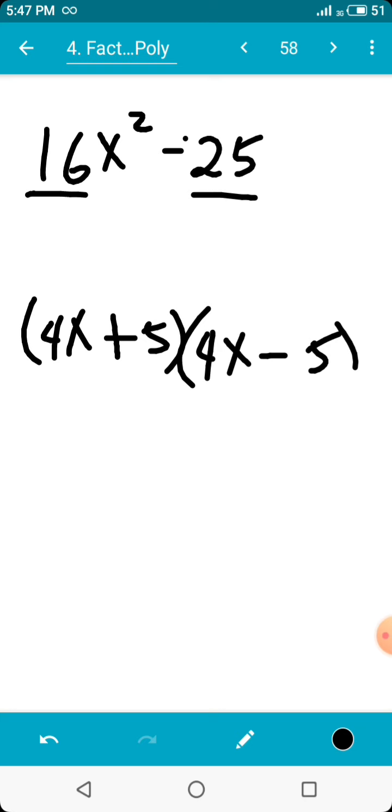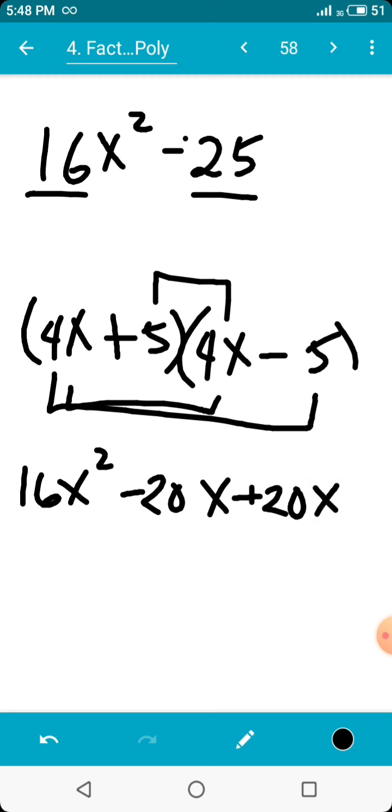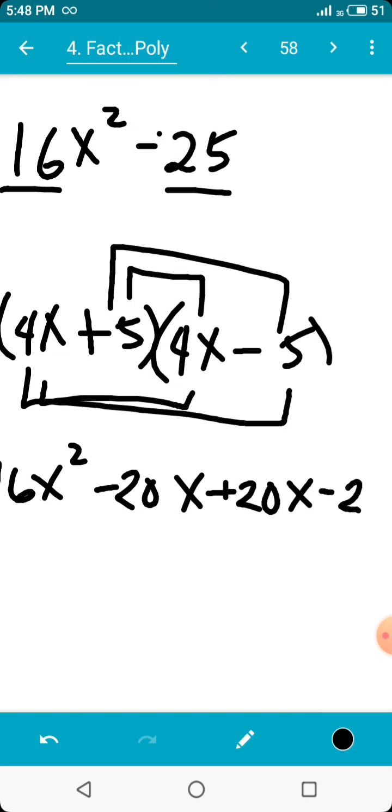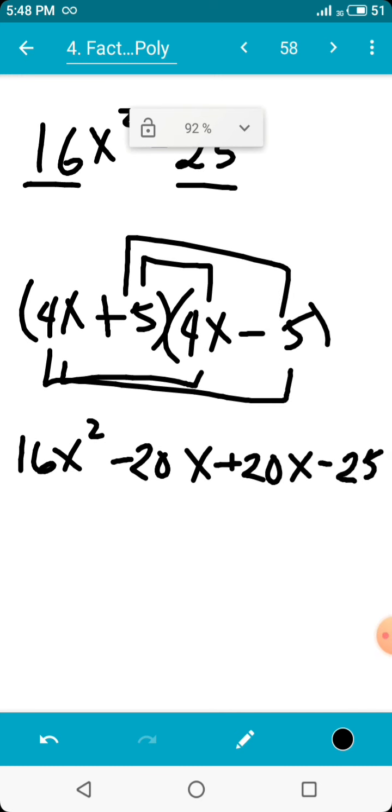So, check natin gamit ang FOIL method kung tama tayo. So, 4x times 4x, that is 16x squared. And then 4x times negative 5, that is negative 20x. 5 times 4x, that is positive 20x. And then 5 times negative 5, that is negative 25. Okay? So, again, meron tayong apat na terms, pero we can simplify that when we combine like terms.